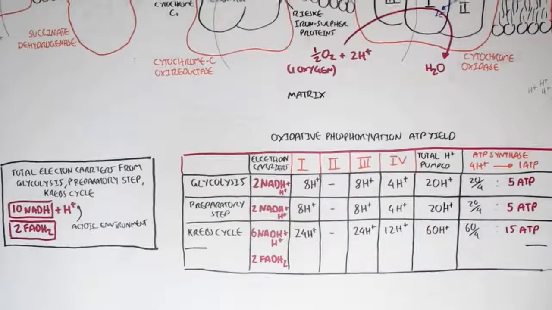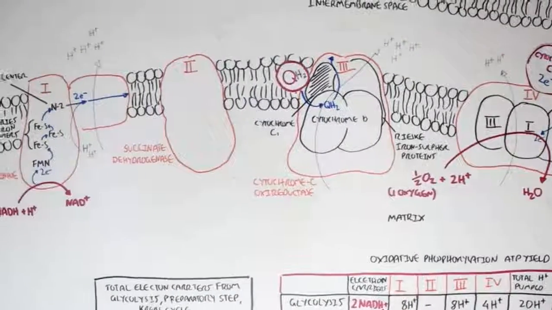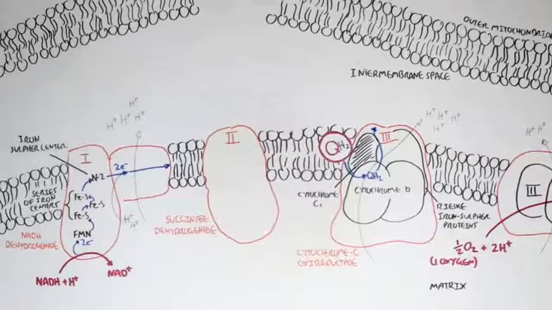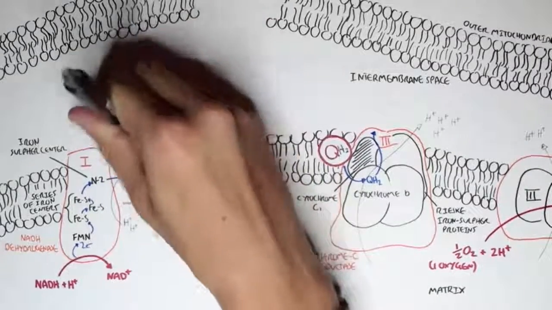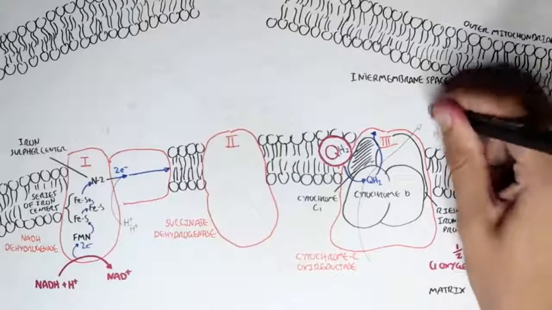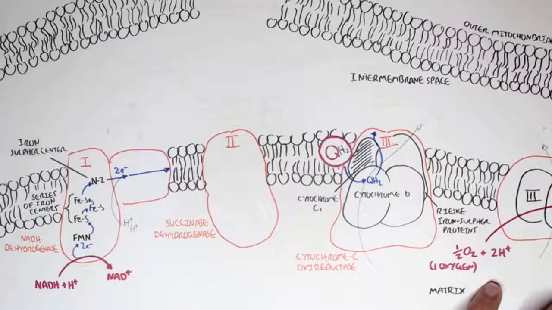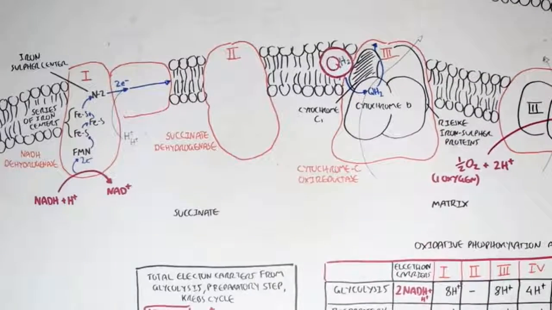FADH passes its electrons to complex 2, which is succinate dehydrogenase. So now I will rub out all these hydrogen ions which were pumped out by 1 NADH. Now we will not look at NADH's electrons moving through the electron transport chain, but we will look at FADH and how its electrons move and how many ATP it will produce.